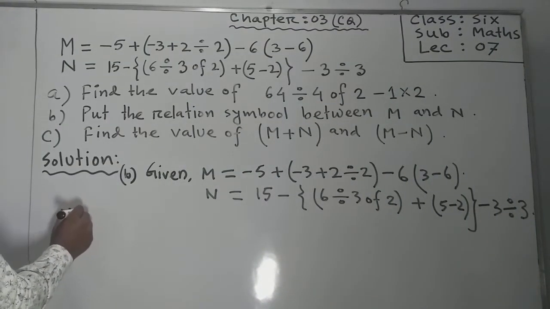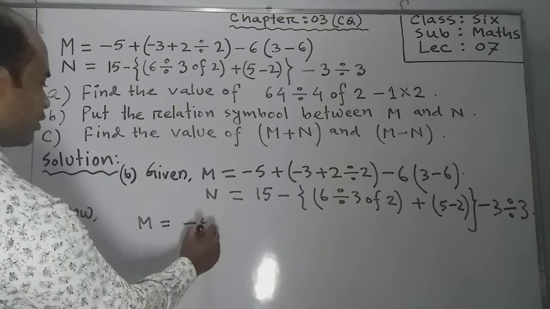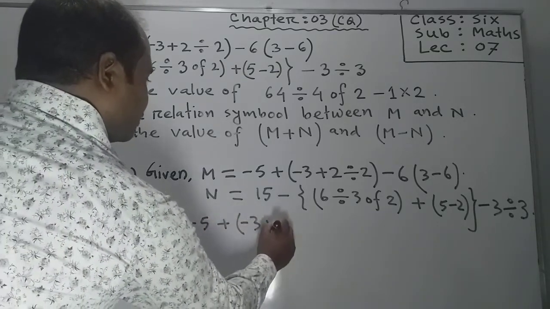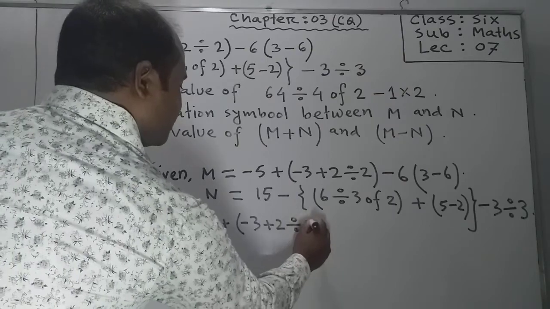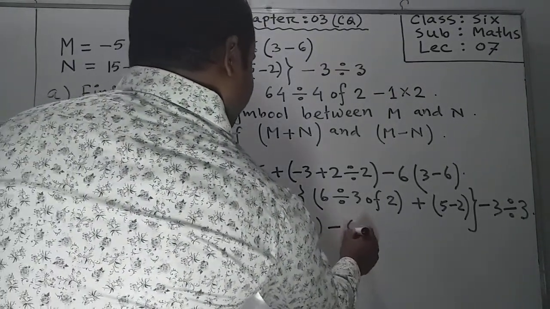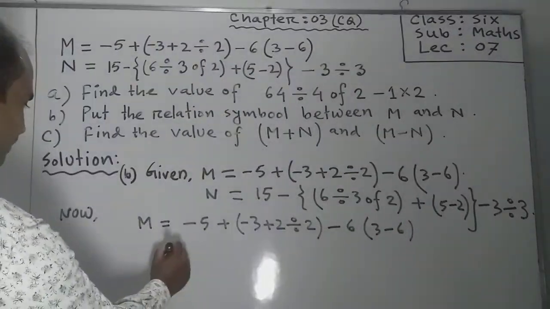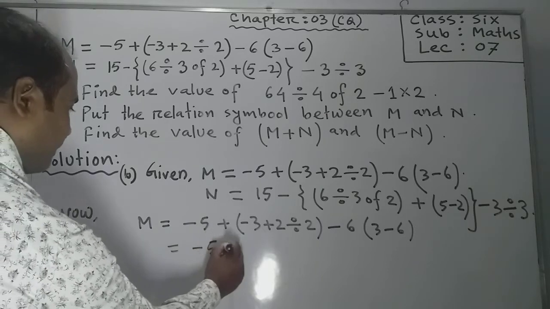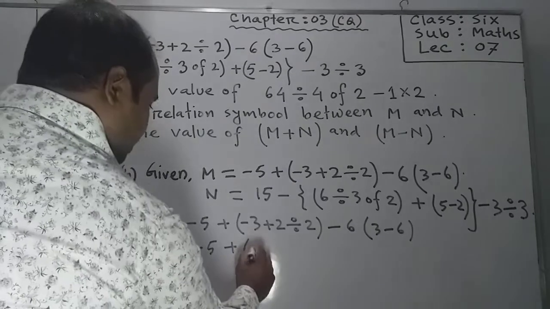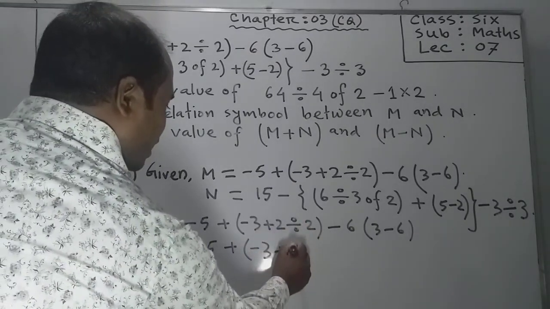Now, m equals minus 5 plus, minus 3 plus 2 divided by 2, minus 6, 3 minus 6. So minus 3 plus 2 divided by 2, this is 1.